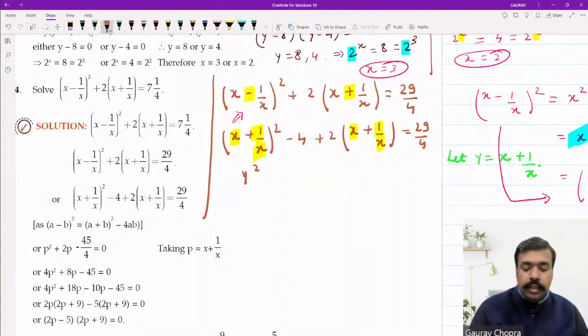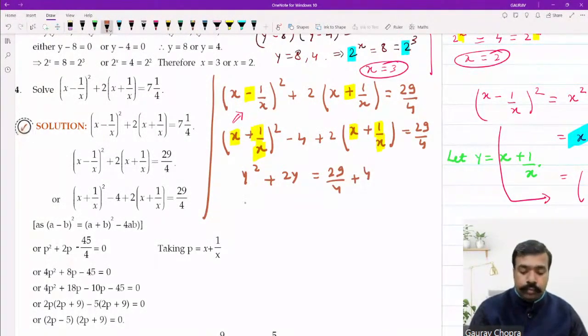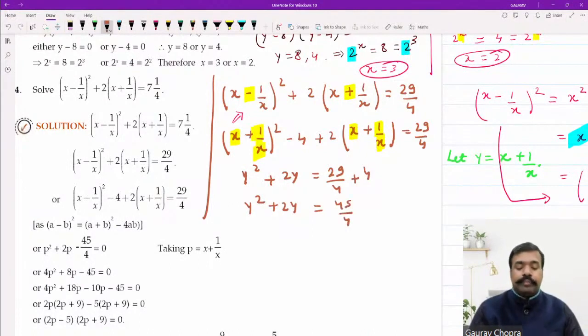So we can write here y square plus 2y, and 4 will go to the other side, or we can say we bring 29 here, one and the same thing. So 29 by 4 plus 4. So y square plus 2y equals 29 plus 16, which becomes 45 by 4. Now we can do the cross multiplication. So 4y square plus 8y minus 45 equals 0.